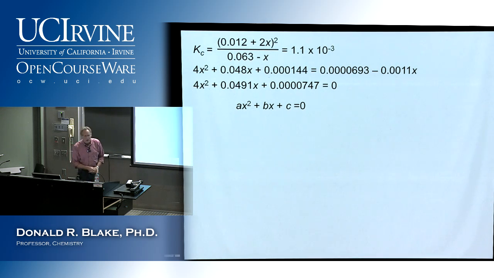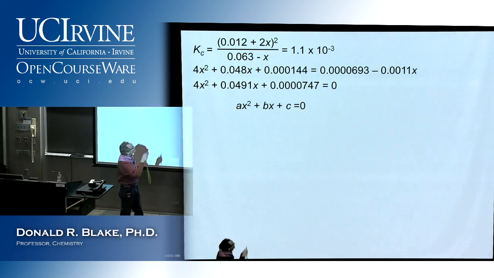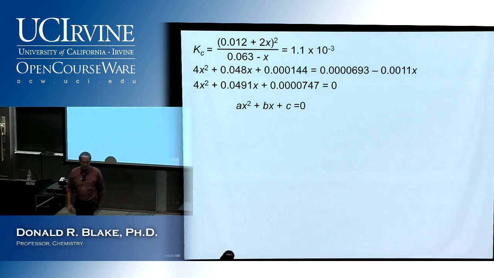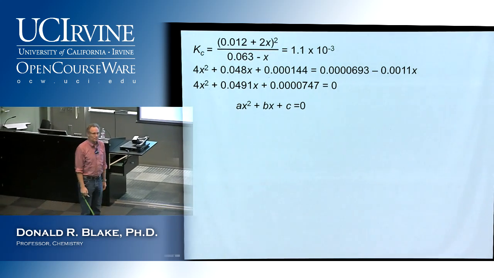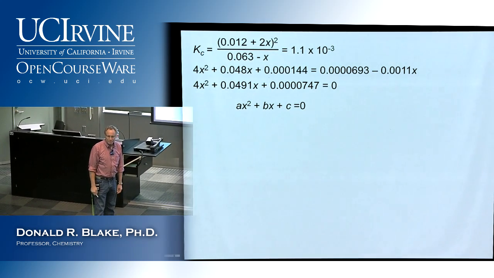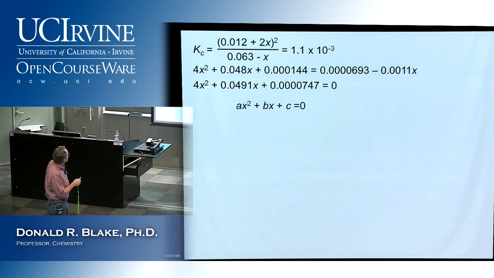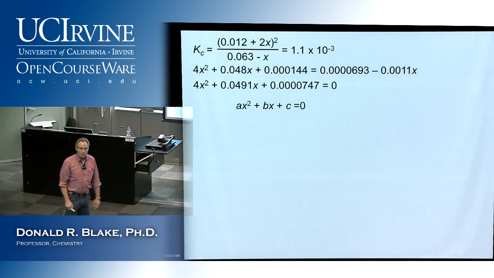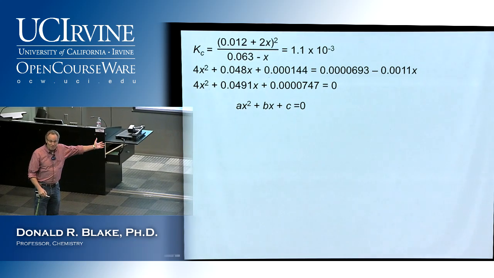So who wants to tell me what you get for this part when you switched them like I said? Who's got an answer? Student: 4x squared minus, minus, and then plus. So this is a minus and then a plus. So you plug those into the quadratic equation, and out comes a number.